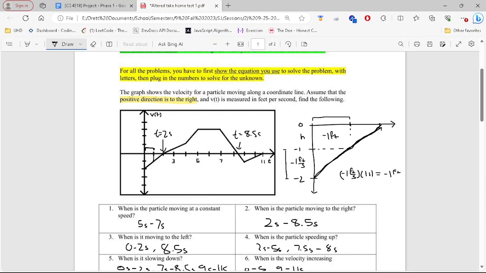That's going to be the height, and then the base is also going to be 1 second. Now this is not the formula for a triangle. It's going to be 1/2 base times height for a triangle. So if we calculate the area of this triangle using its height and its base, it's going to be -0.5 feet.